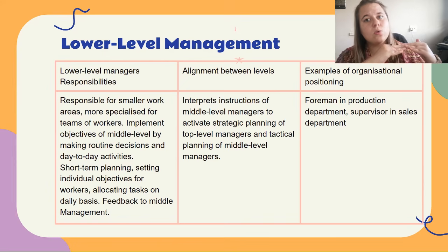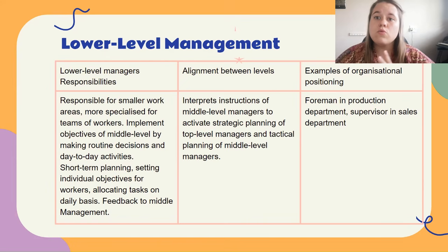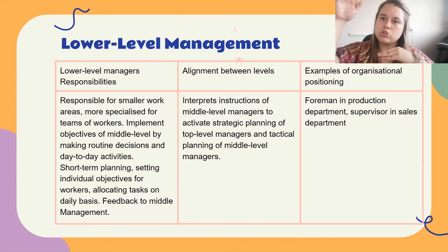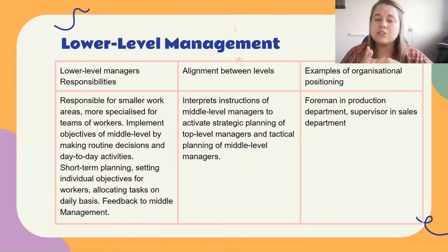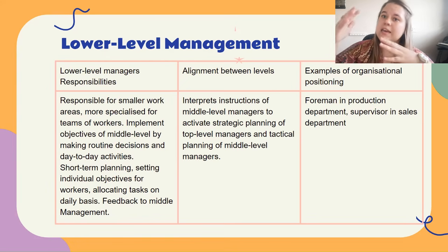As mentioned, all these managers are going to report to each other. The lower level will report to the middle, and the middle will report to the top. All three levels need to make sure that they are aligning the business decisions and that the business decisions are being carried out. And as I said, it's being filtered down.